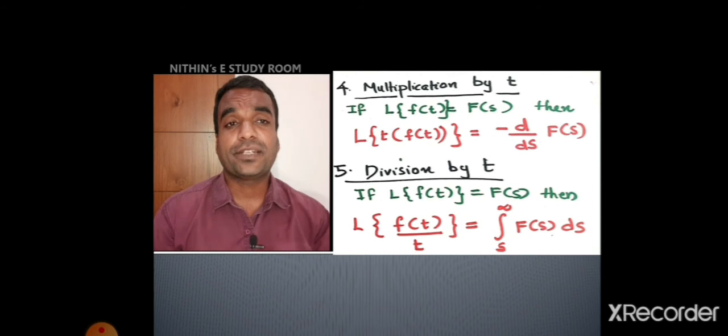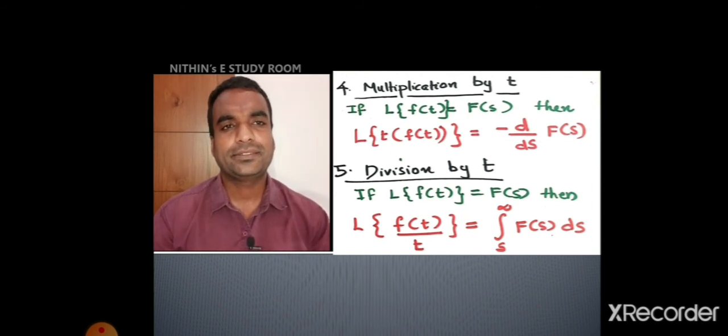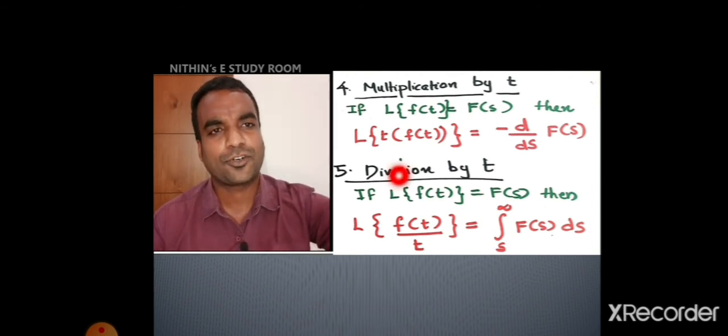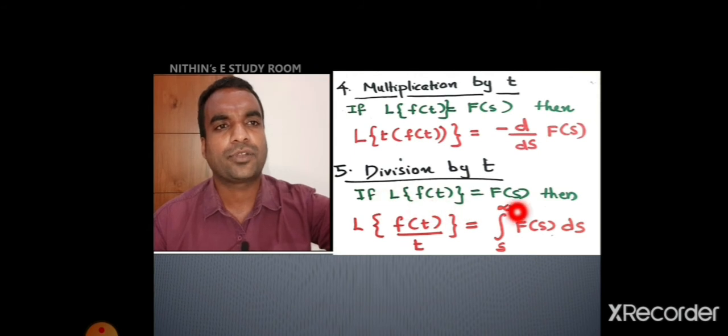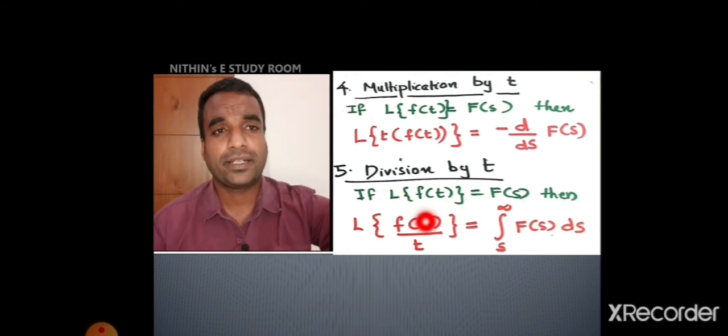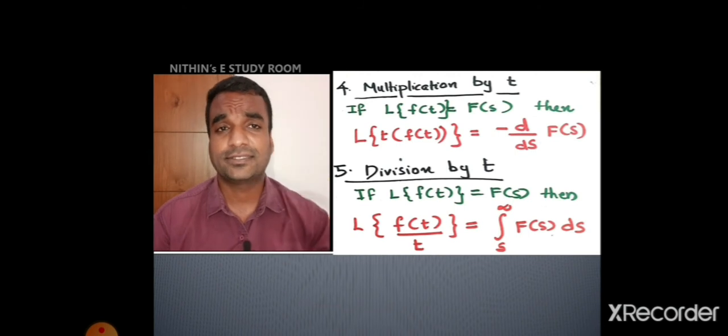Next, division by t. Division by t means the basic thing is common here. If L of f of t is equal to F of s, then we are dividing that f of t by t. Then for finding that answer, you have to integrate the basic F of s.